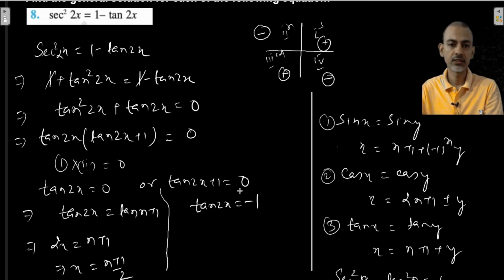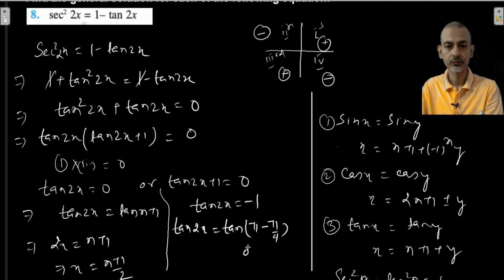So given tan 2x equals minus 1, we know that it has to be either in the second quadrant or the fourth quadrant. So what I can write here is tan 2x equals, one of the values would be tan of pi minus pi by 4 or tan of 2 pi minus pi by 4.